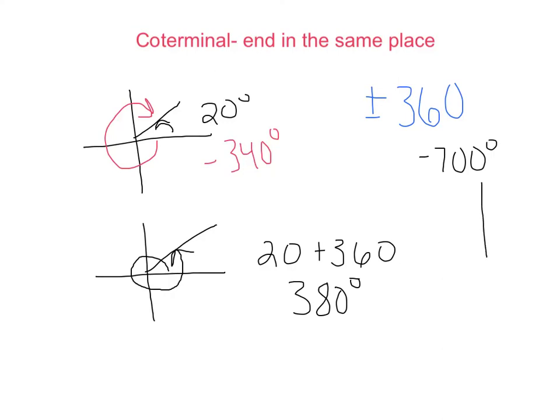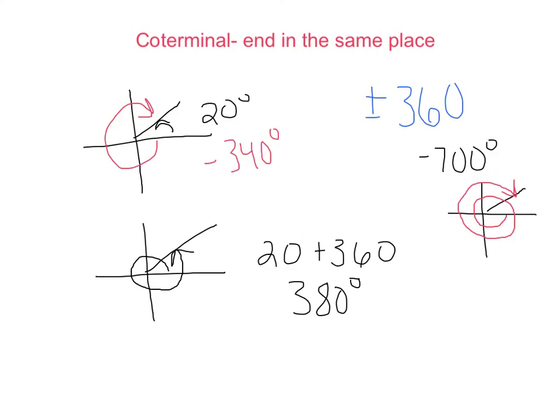In order to draw negative 700, I have to think, first of all, which direction I'm going in. I know it's going to end at 20 degrees because they're coterminal. They end at the same place. But I'm going in the negative direction for a full circle, and then I'm ending at that terminal side. So that would be drawing negative 700 degrees.